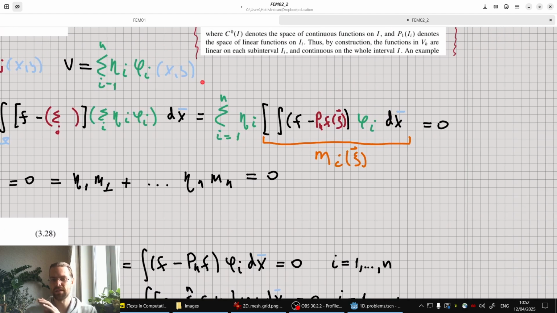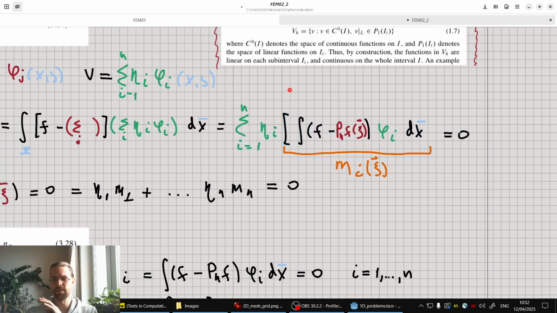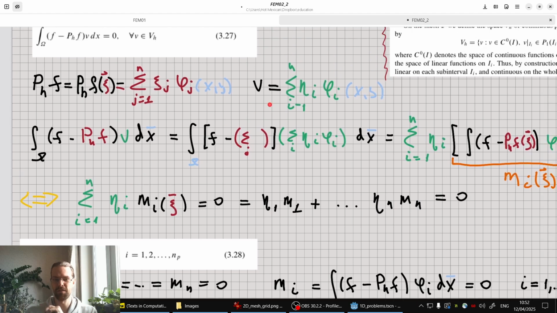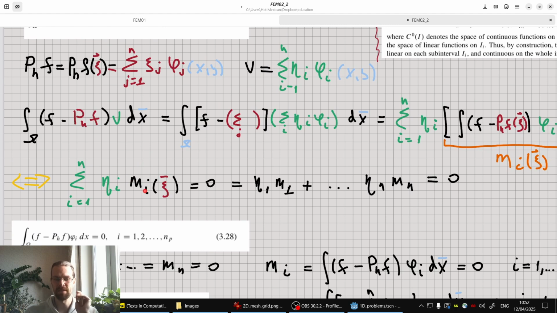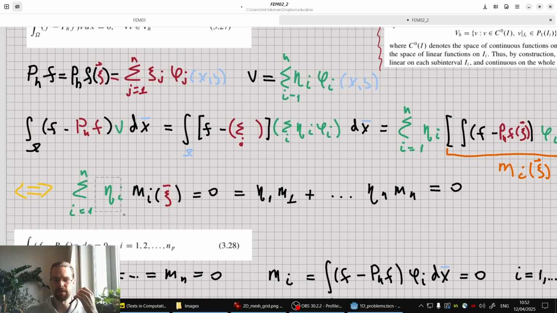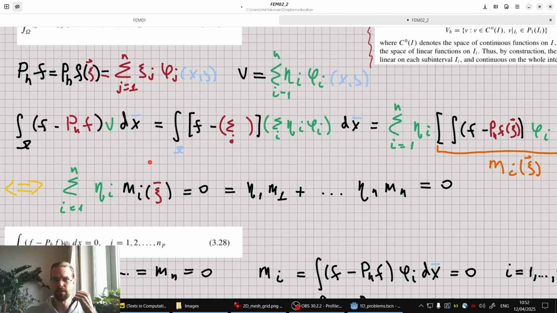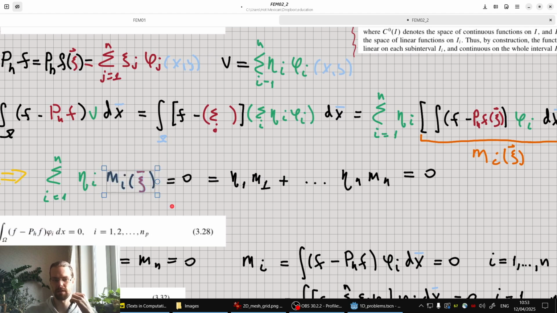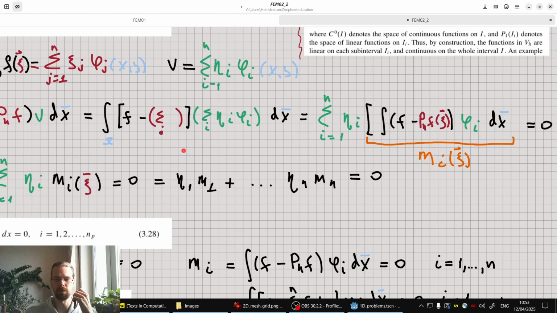And rephrasing this original definition, we get this condition that there will be a sum of these arbitrary coefficients for our arbitrary test functions, multiplied by some mi functions, whatever it is. And this whole sum should be 0. And as I see it, because these variables are arbitrary, the only way it's possible is if these mi coefficients are all equal to 0.